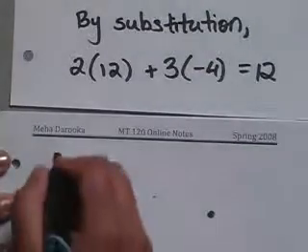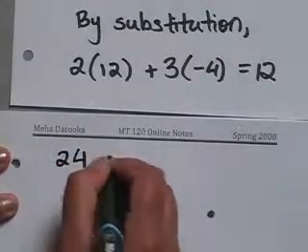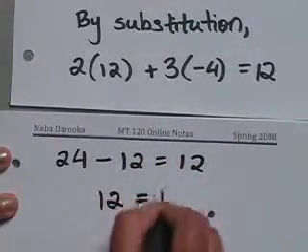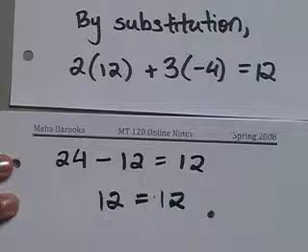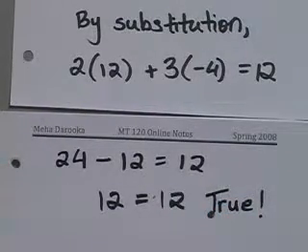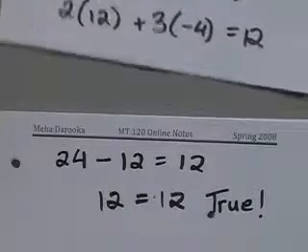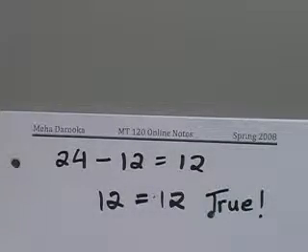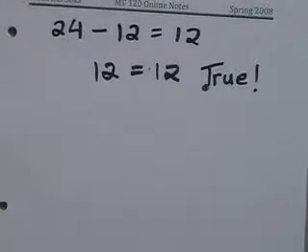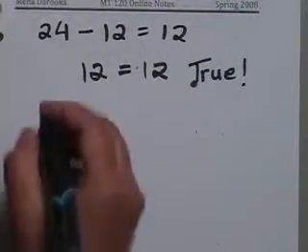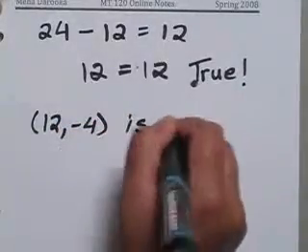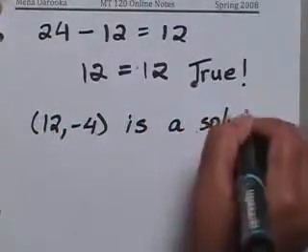Alright, so you have 24 minus 12 equals 12. And you can see that we end up with a true statement. And this, of course, tells us that 12, negative 4 is a solution for our equation.